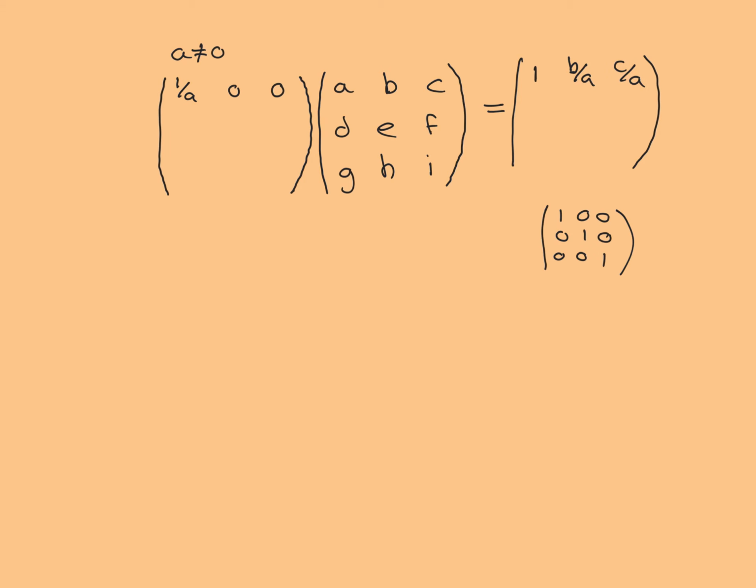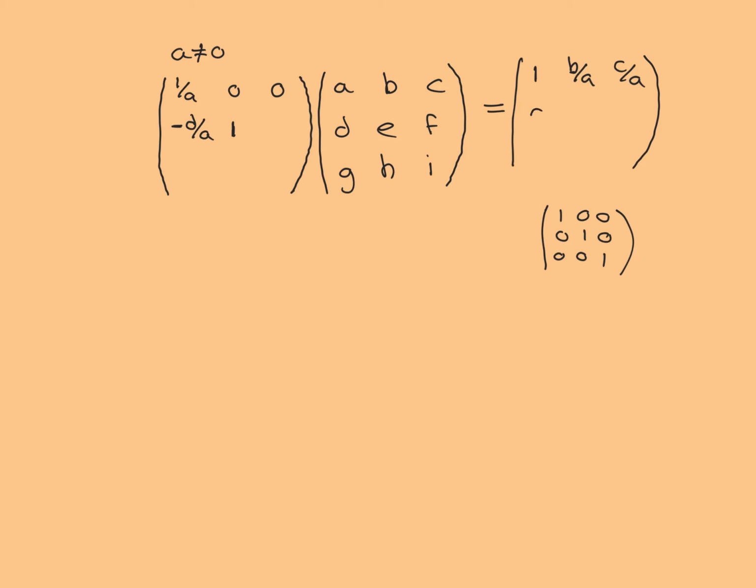So what we're going to do is take away the correct multiple of this row from this row to turn that entry into 0. So what will that be? We'll have 1 lot of that second row, and then we need to take away D over A lots of the first row, because when we multiply that by this, the A will cancel with the A here, and you'll then just get minus D in this first position, which will cancel with the D here to give us 0 there.